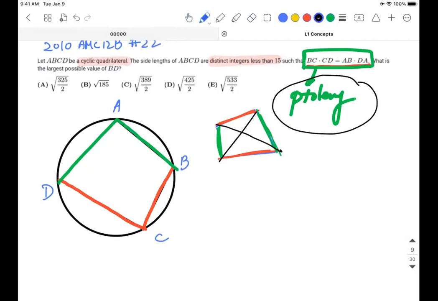But Ptolemy is using the opposite, and the question is not asking for the opposite. It's actually giving the adjacent. Who can tell me what kind of properties might be applicable when you're dealing with the adjacent sides? Who can tell me?